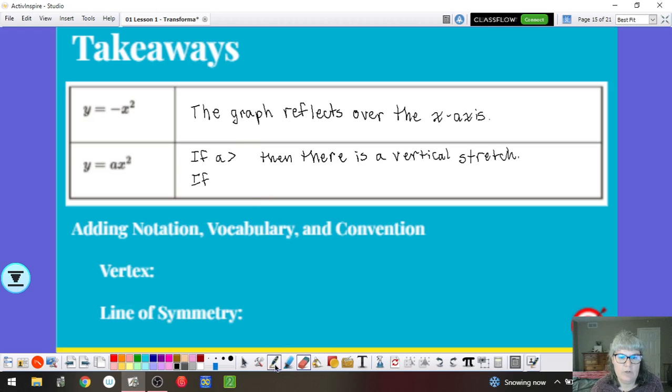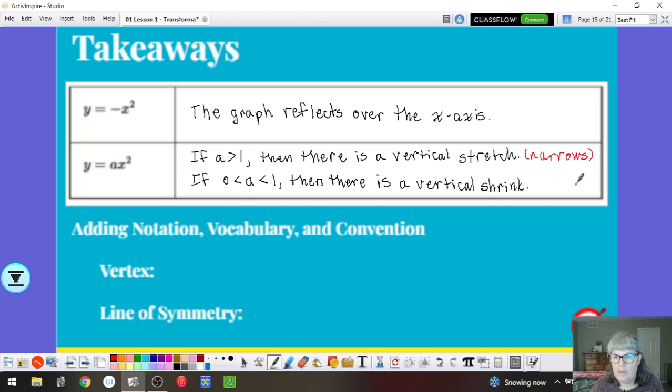That should have said if a is greater than 1, then there is a vertical stretch. If a is between 0 and 1, then there is a vertical shrink. So when it's a stretch, we say that the graph narrows. And when it shrinks, we say that it widens.